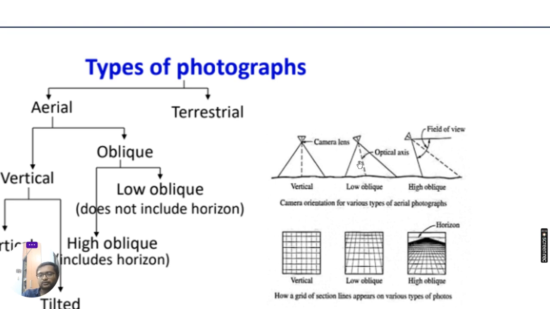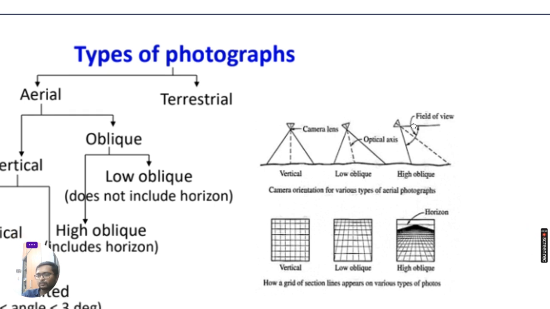This is the low oblique, which means the tilt is less, and if the tilt is more, then you will get more field of view. Let's say you are clicking a photo and you keep your phone more tilted, it will give more clouds, more sky. It will capture the entire horizon, as you can see in the corresponding figure.